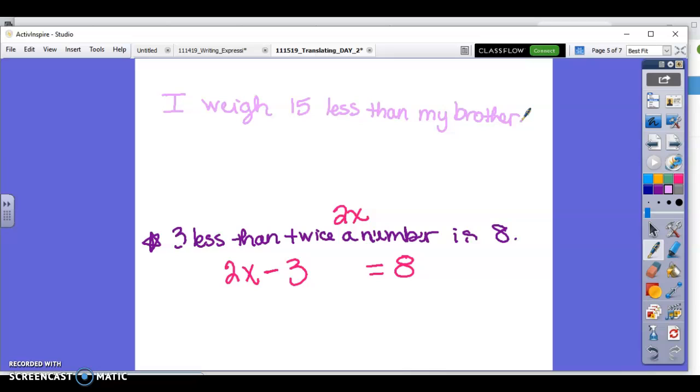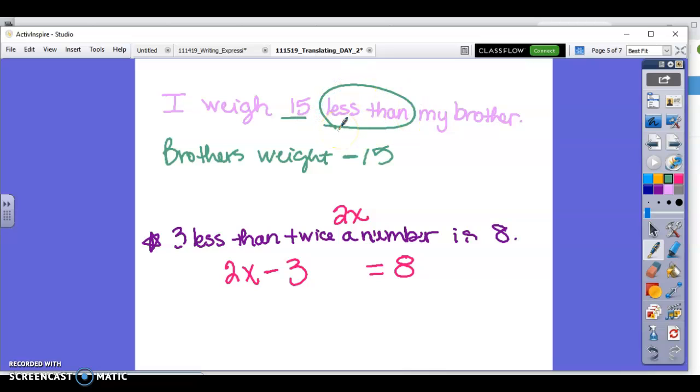And for me to figure out how much that student weighs, what I would want to do is take his brother's weight and take away 15. 15 less than, right? So you take the brother's weight minus 15, and that would tell me my student's weight.